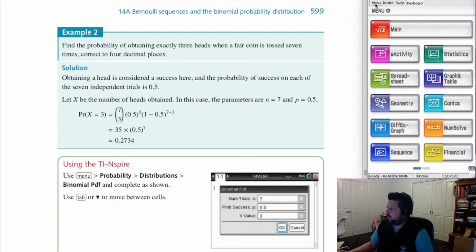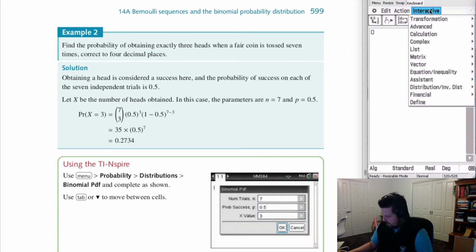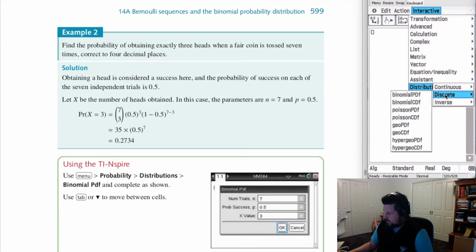Alrighty, so we're in the main section. We're going to go to interactive, and from here we're going to go to distribution. We're going to go to discrete, and from here we're going to go to binomial PDF.